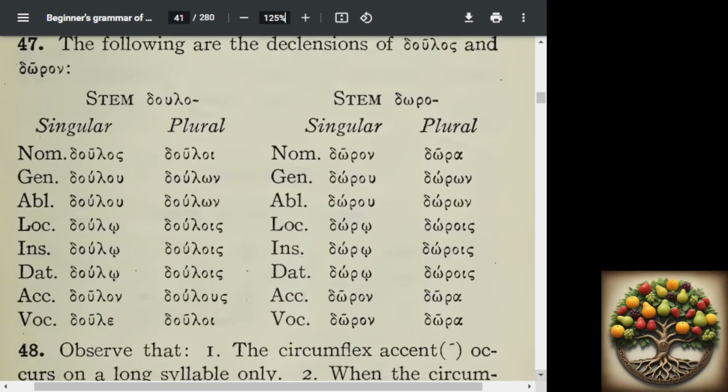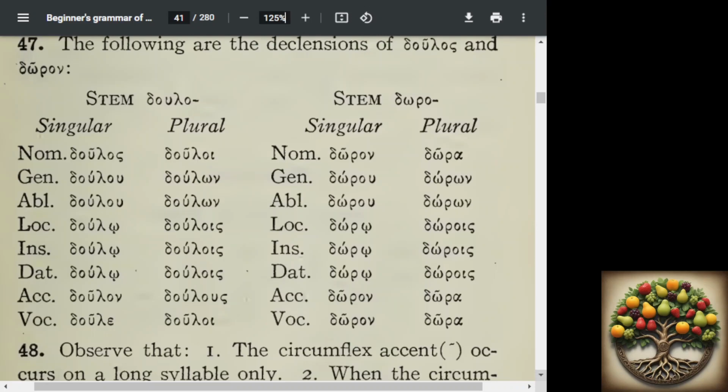So now we've got two stems right next to each other, and the accent happens to be a circumflex in both of these words in the nominative singular, and it also happens to be on the penult, which is the second to last syllable in the word.